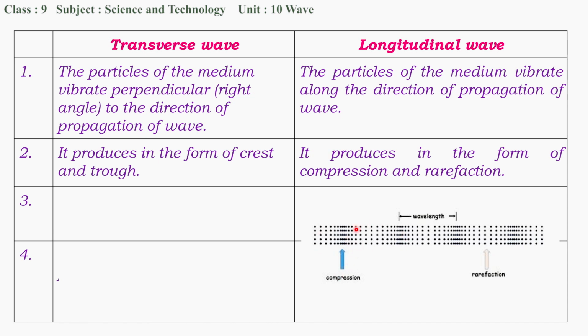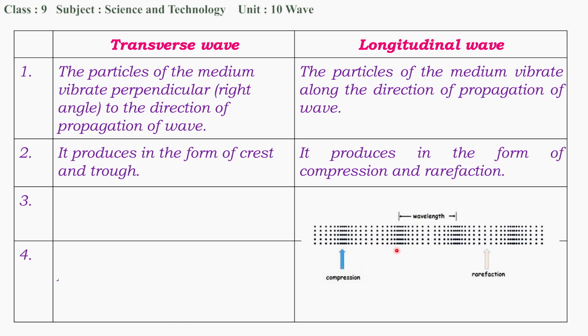Compression is the region where the particles of the medium are close to each other, and the pressure at this region is more, the density of this region is also more. The region at which particles are moved away from each other is rarefaction, and in this rarefaction the pressure of air is less and the density of the air is also less.